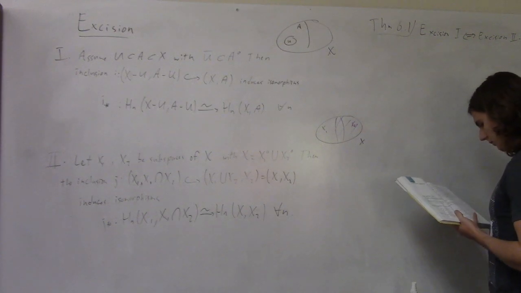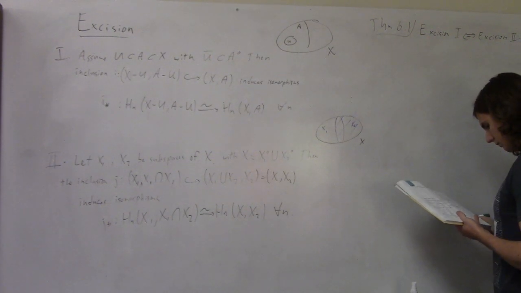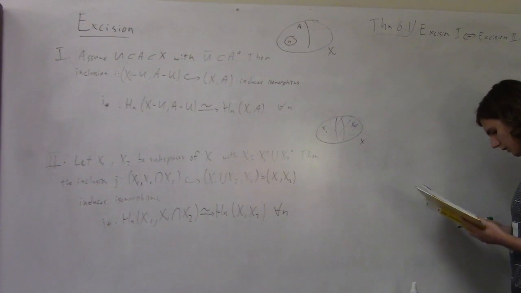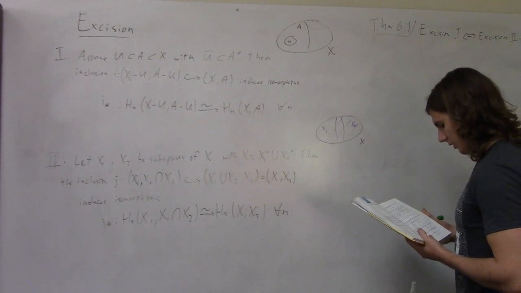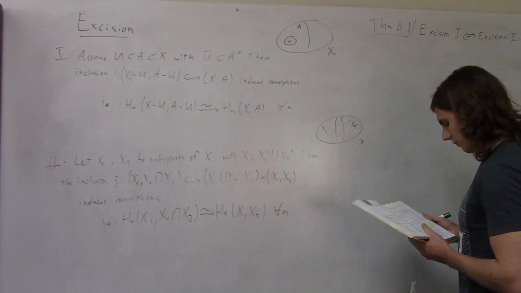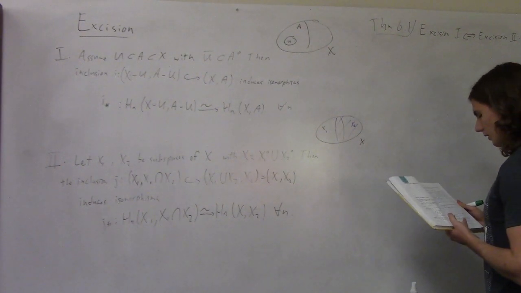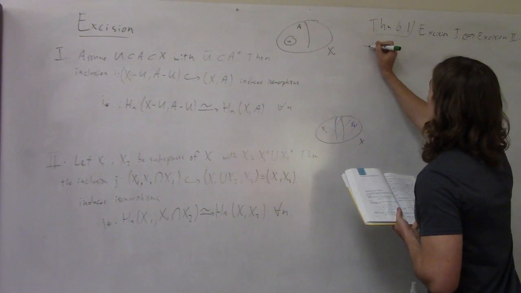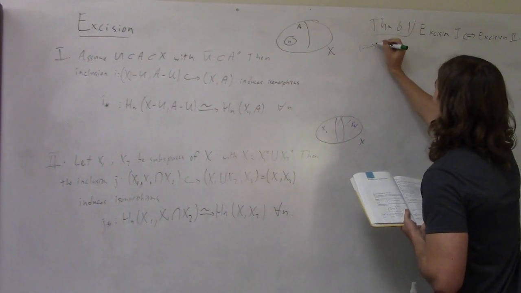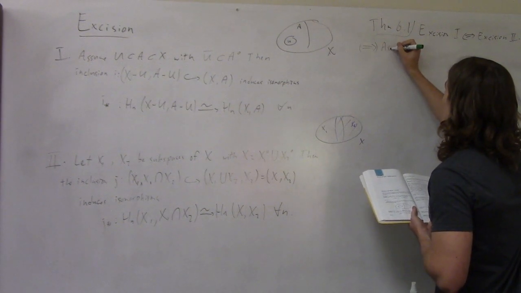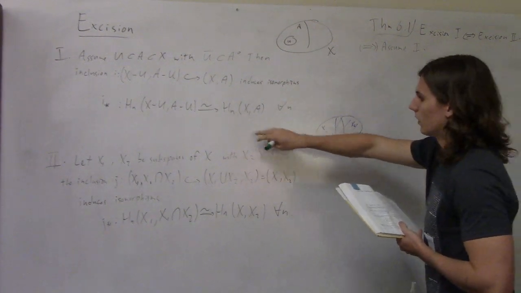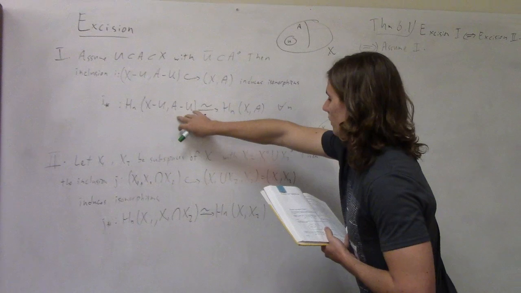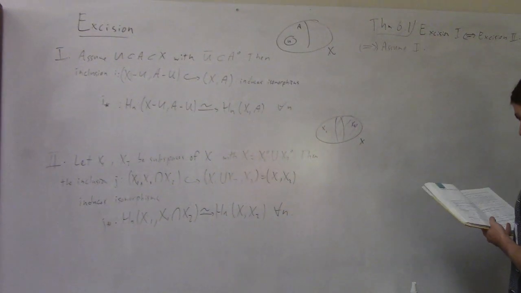If you look at this, most of the argument for the proof of this is really just regular topology stuff. But let's go through it then. Okay, so let's start with the first. So assume Excision I, that we do have this inclusion inducing isomorphisms.